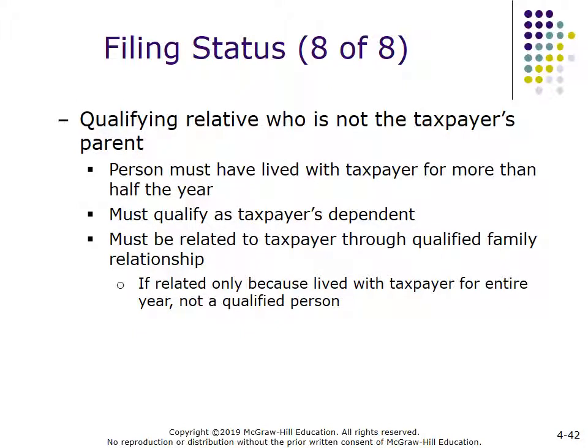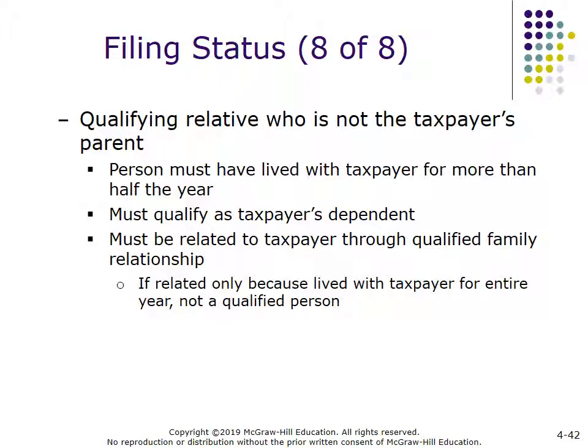If you are a qualifying relative who is not the taxpayer's parent, then you must live with the taxpayer for more than half the year. They must qualify as the taxpayer's dependent in order for the taxpayer to claim head of household, and must be related to the taxpayer through family relations.